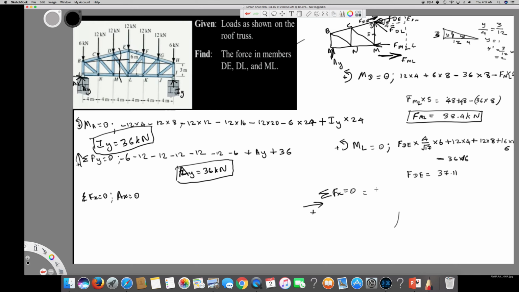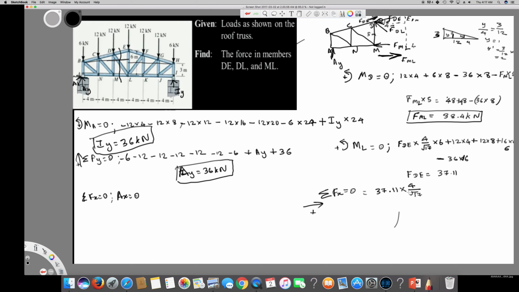So it's going to be 37.11, and this is going to be cos theta. This is not in a straight line, right? So 37.11 cos theta. The angle we already found, it's 4 over root 17 that is cos theta, so adjacent over hypotenuse.